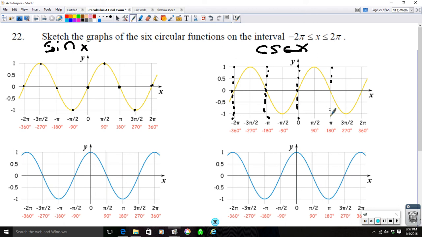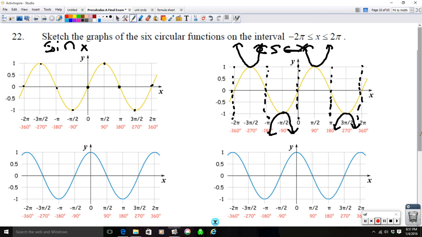Then we draw where this max is, which becomes the min for cosecant. Where the min is, it becomes the max, and that approaches these asymptotes. This max becomes the min again, approaching the asymptotes, and this minimum becomes the maximum of the cosecant. So this is what the cosecant looks like.